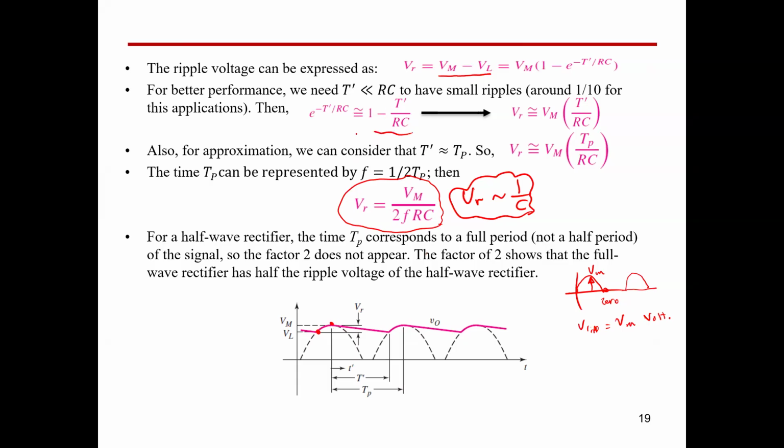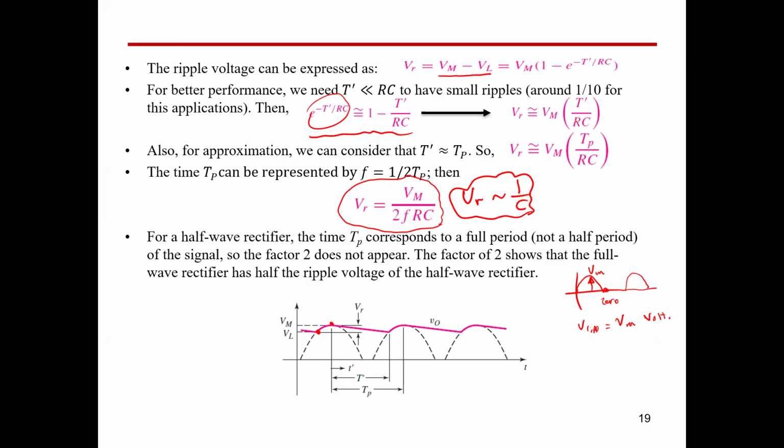So this is a mathematical approximation. Once we have t prime much less than RC, in this case we can say this part of the equation equals 1 minus t prime divided by RC. If you replace this in our equation, V ripple will be approximately equal to V maximum times t prime divided by RC.